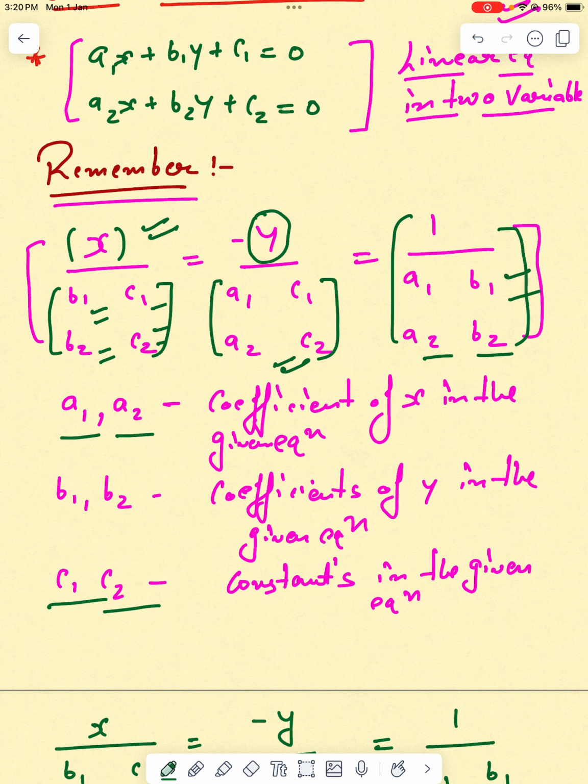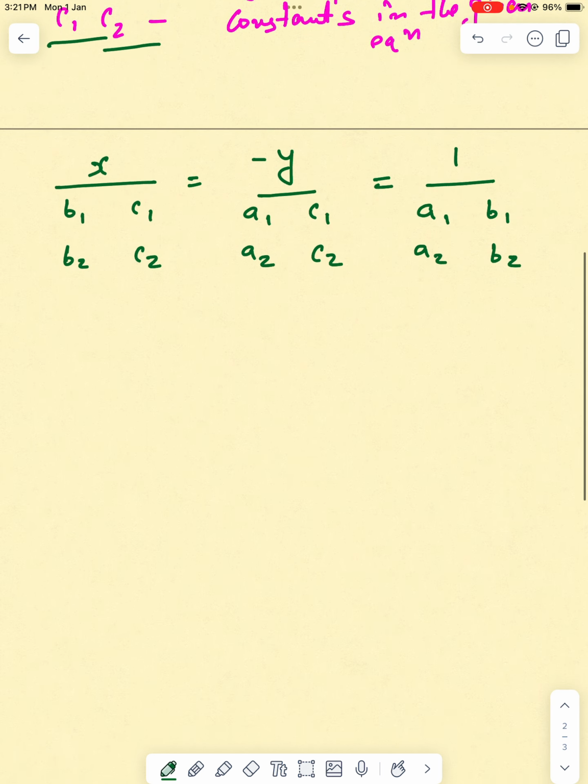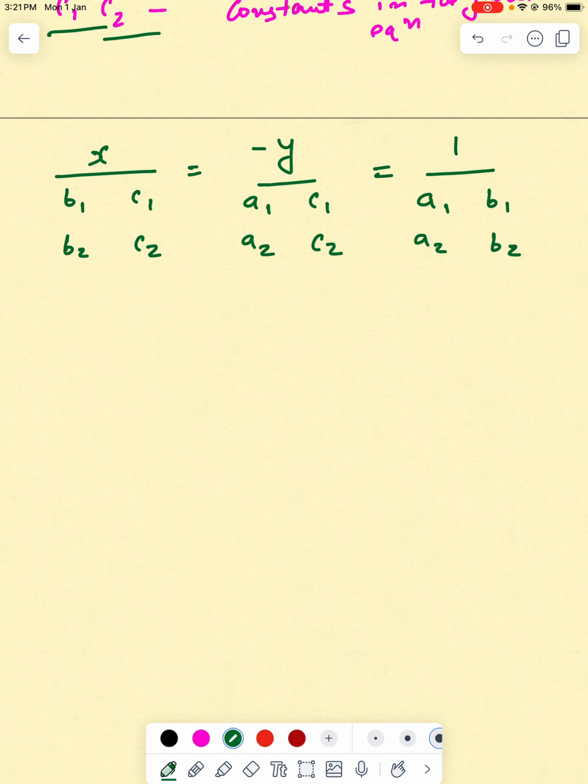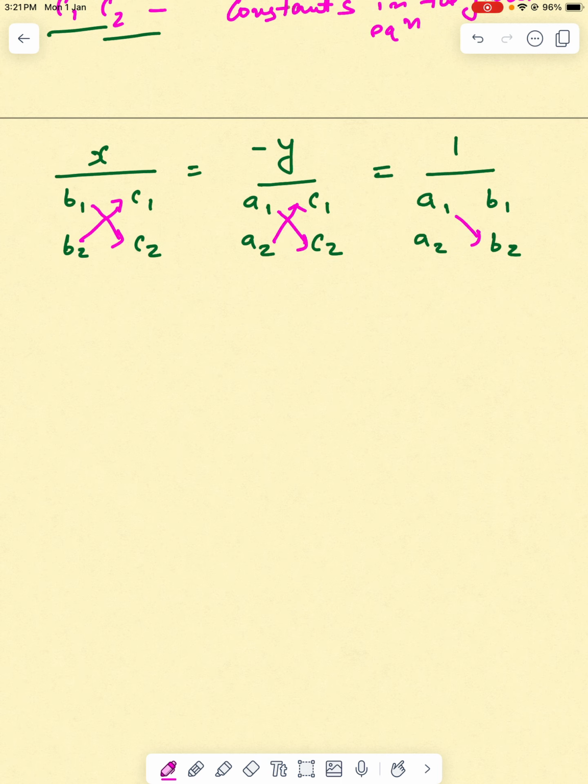Also, this is very important: please don't forget to put the negative sign at this place. Now what will you do? Just cross multiply them, and whatever products you find, subtract them from each other. First we do the cross multiplication diagonally, then subtract.